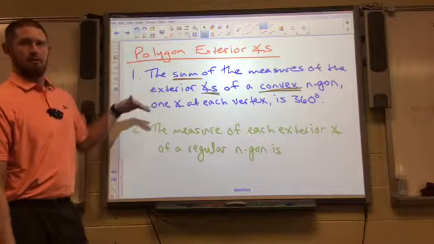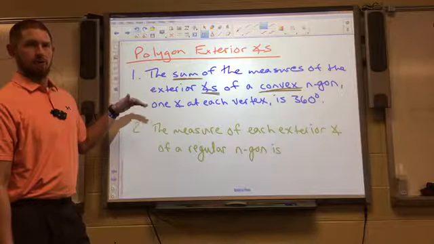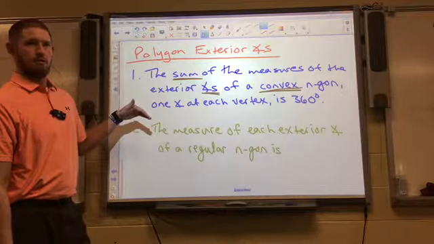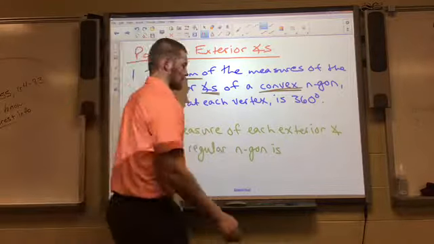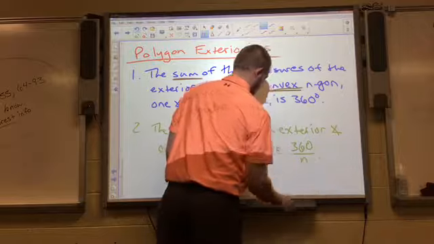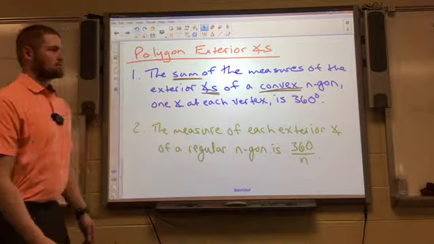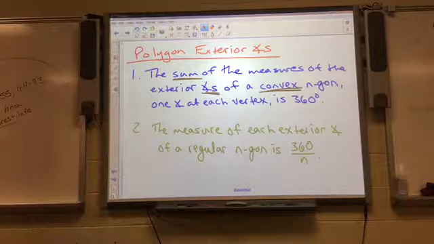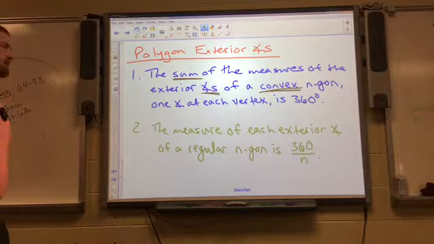What do they all add to? So if they're all the same, then you divide it by n, however many there are, right? The measure of each exterior angle of a regular n-gon is 360 divided by n.